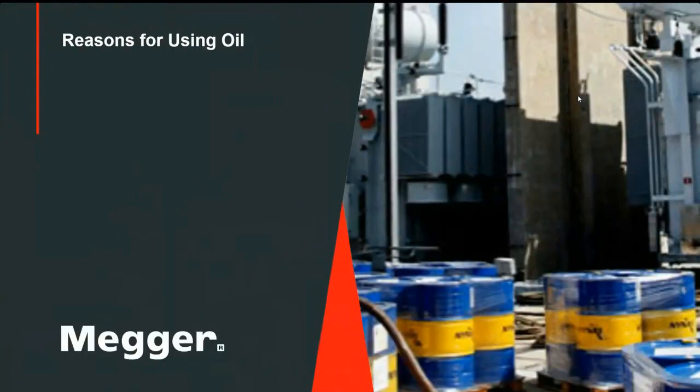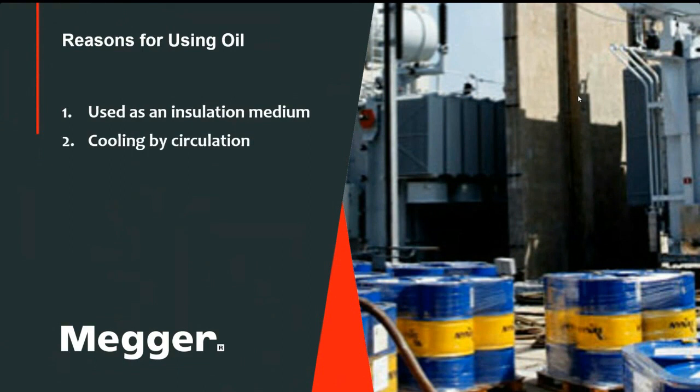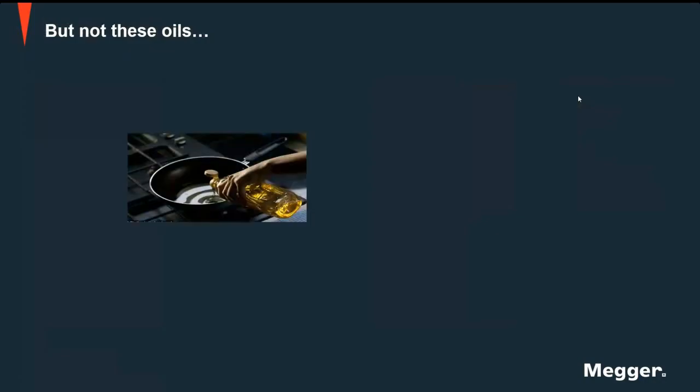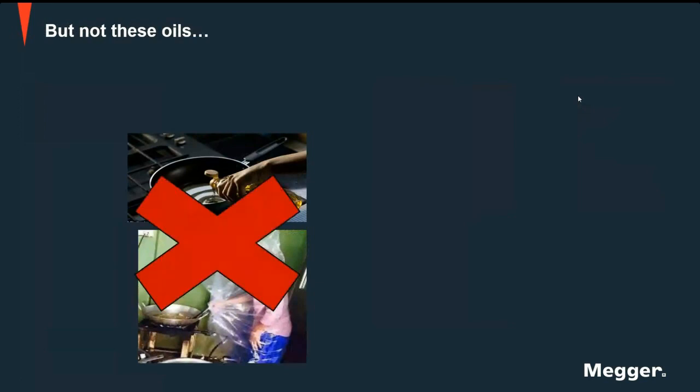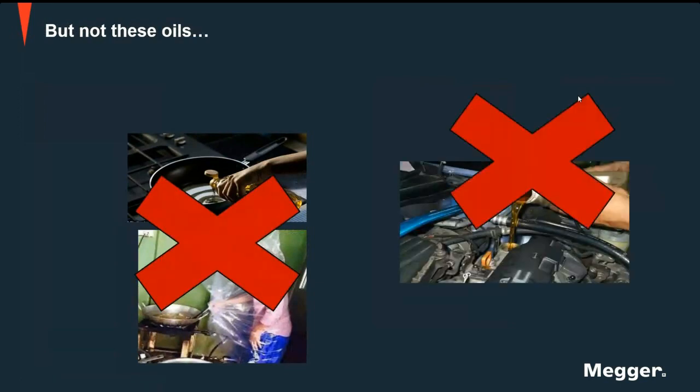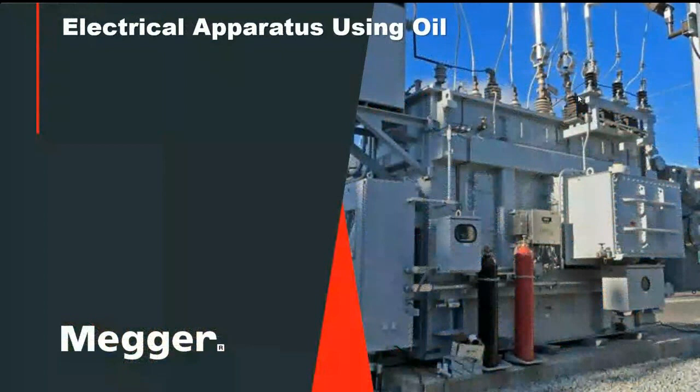Normally, we use oil as an insulating medium for transformers and any electrical apparatus, and it is also used for cooling by circulation, so it serves as coolant also. But of course, we are not talking about cooking oils or engine oil.